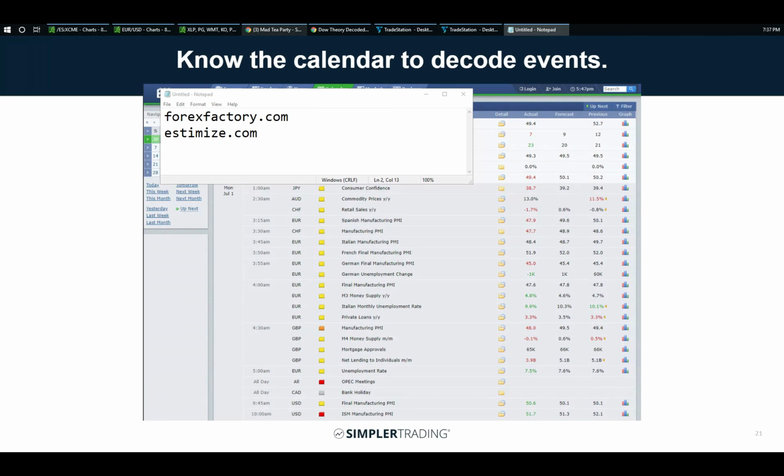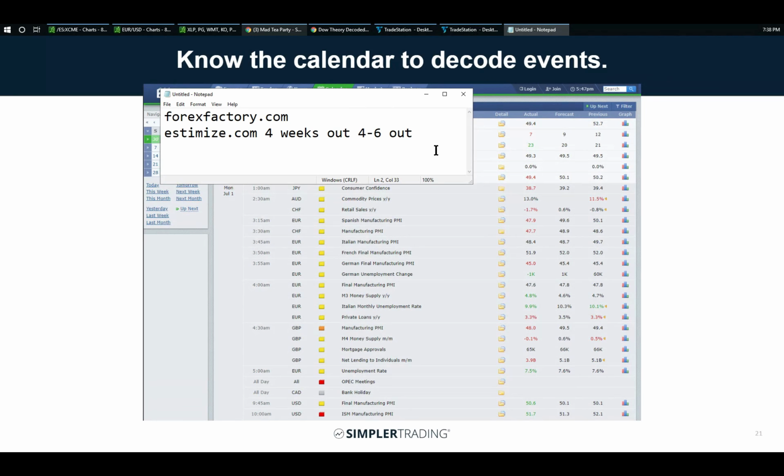Estimize.com is going to let you hone in on my preferred 4 weeks out before earnings. I'm actually starting to play around with 4 to 6 weeks out before earnings. Estimize will tell you, okay, this earnings is coming up on this day, go back 4 to 6 weeks. That's going to be your opportunity window.